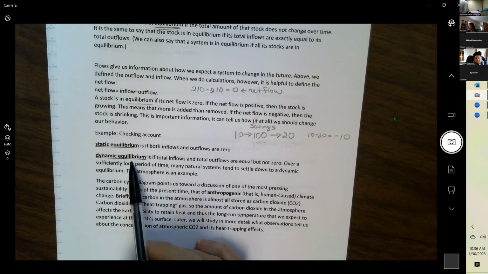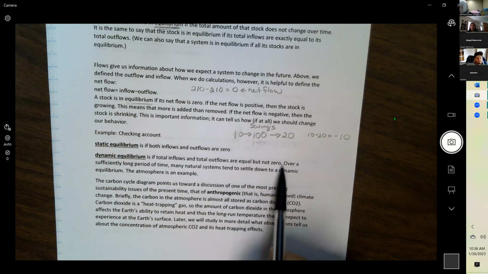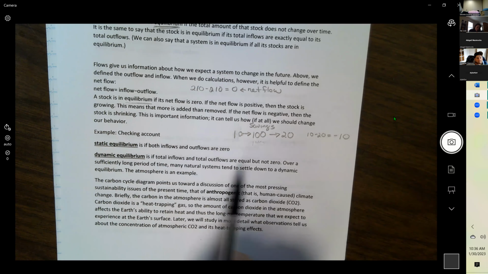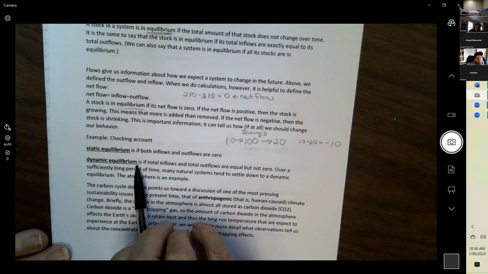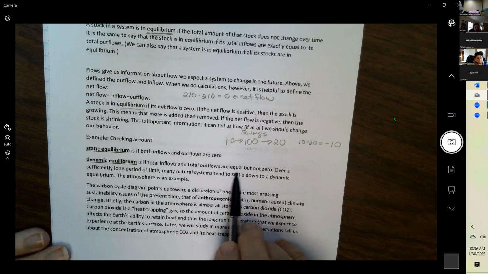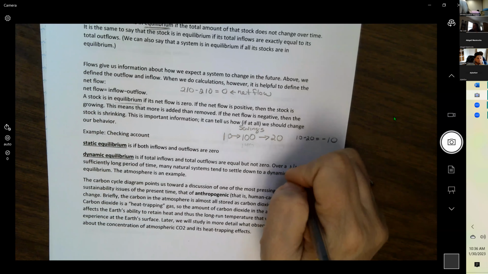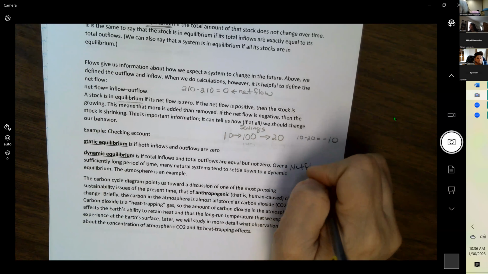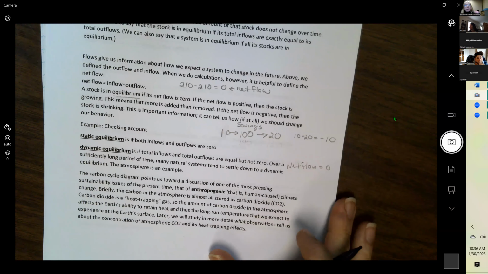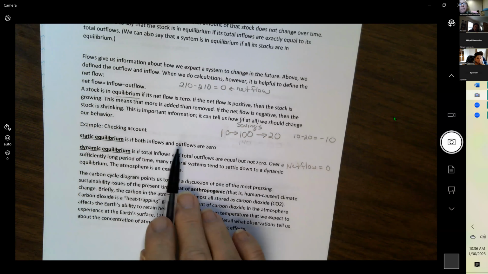Dynamic equilibrium is if the total inflow and total outflow are equal, but not zero. This is when your net flow is zero. So the amount going in and the amount going out are equal to each other. Neither one of them is zero though.